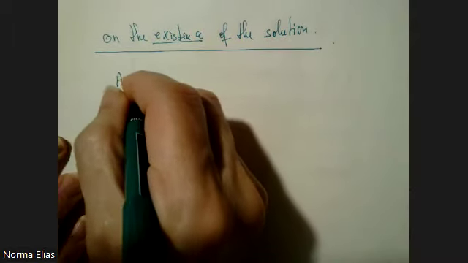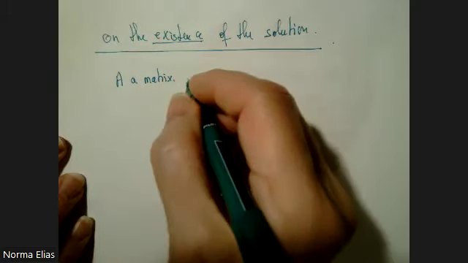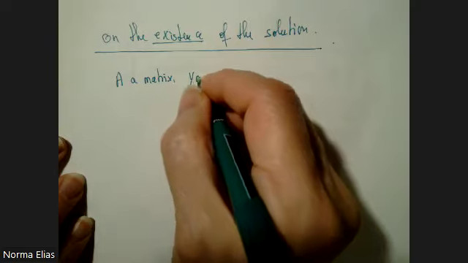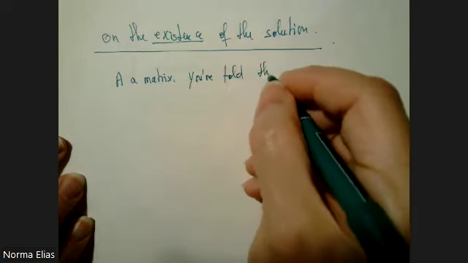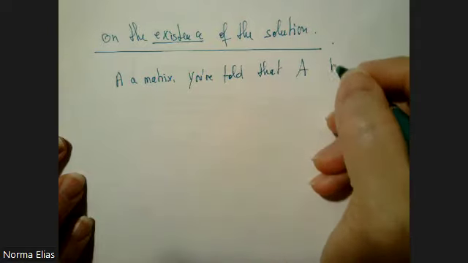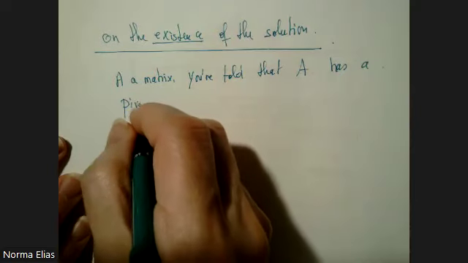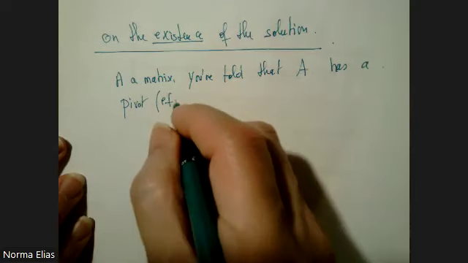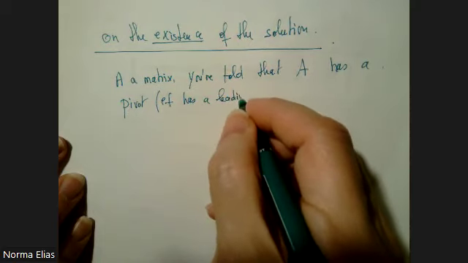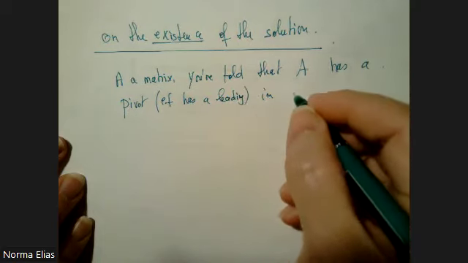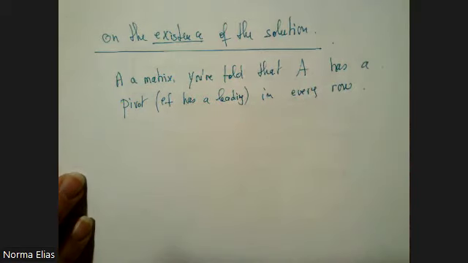Suppose A is a matrix. And you're told that A has a pivot in every row. It means the echelon form has a leading entry in every row. So we talk columns and rows.